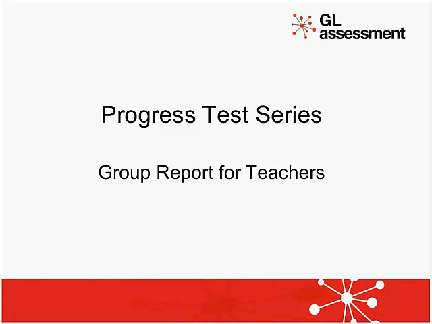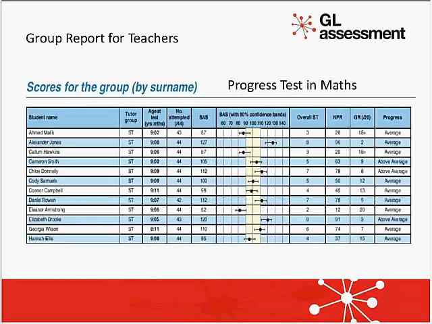So the group report for teachers probably looks quite familiar to you if you use our assessments. Students' names on the left, all kinds of extra detail regarding tutor group, etc. can be added. We need to know the age of test, obviously, and that's for the standardized age scores, which are shown in the normal way, both as a list of their numbers and pictorially with confidence bands.